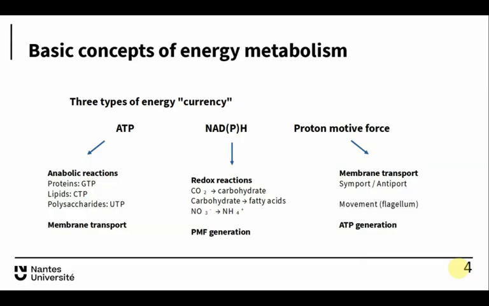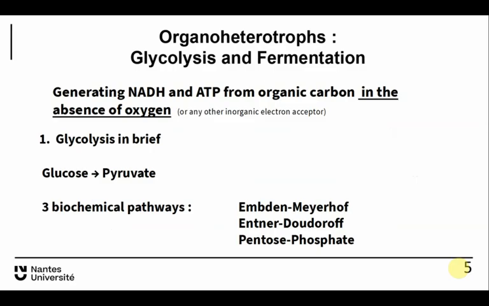If you've got proton motive force, you can make ATP. So these kinds of types of energy currency are interchangeable to some extent. So if you've got one, you can make the other ones, okay? But you need all three of them.